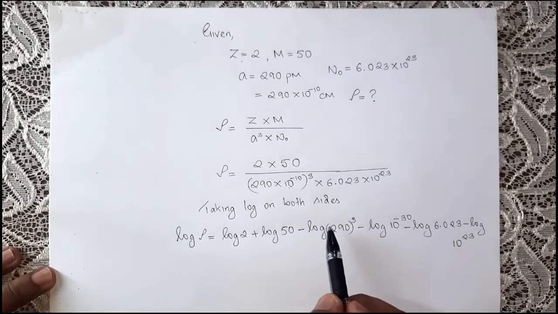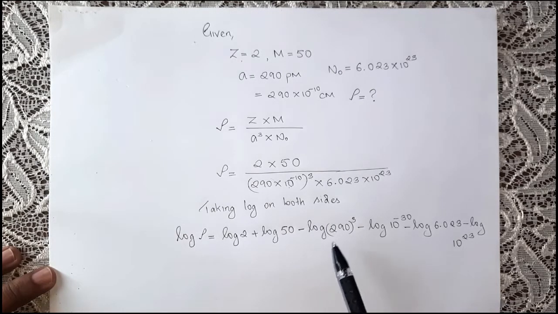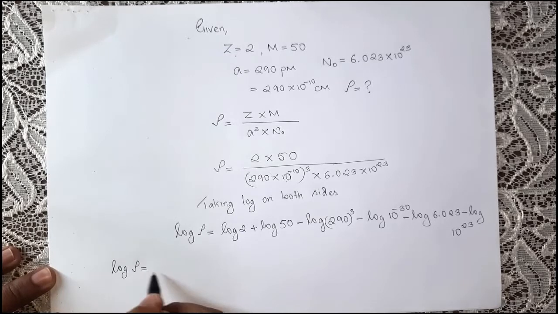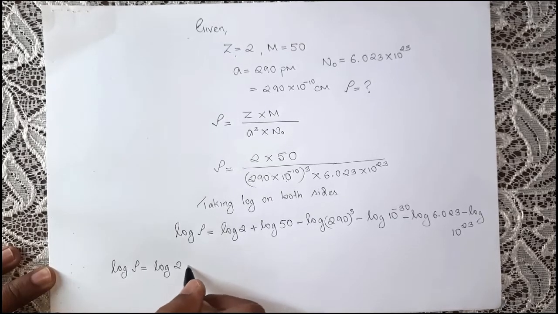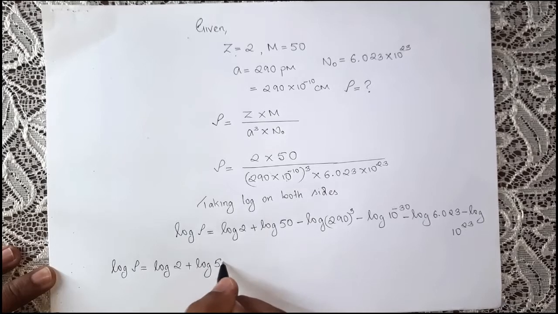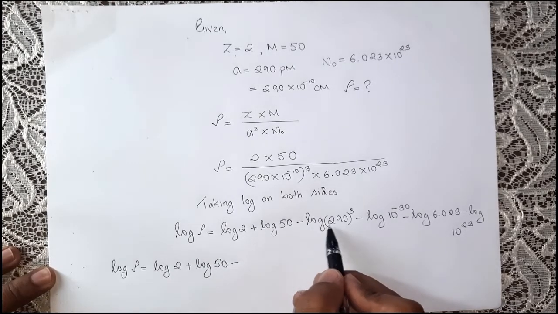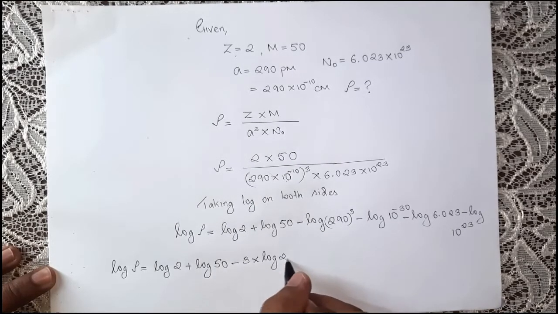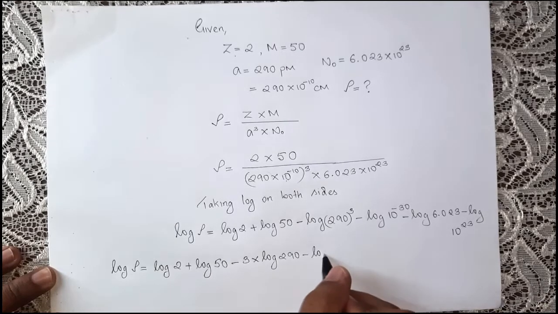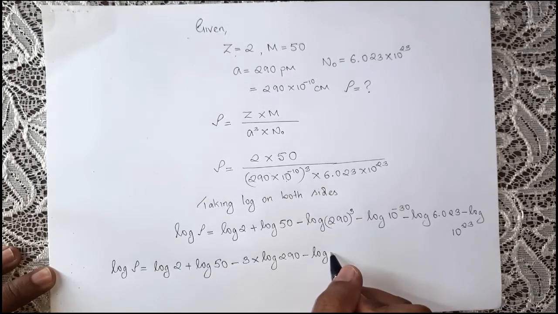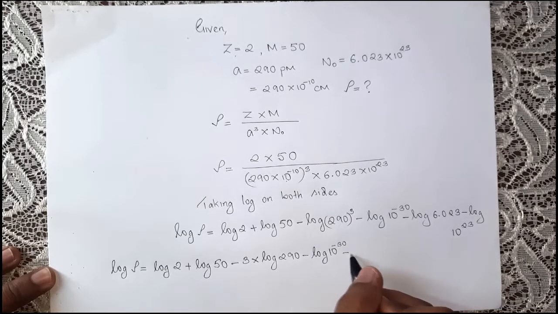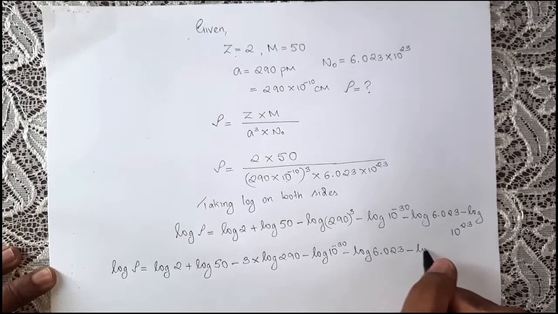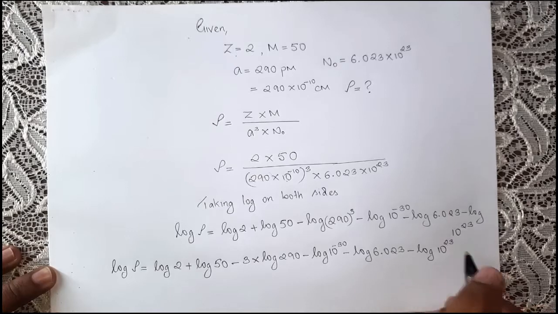Wherever you see multiplication sign, you either convert it to a positive sign or a negative sign. So you have log density is equal to log 2 plus log 50 minus, in this case, log 290 whole thing cube will be 3 into log 290, minus log 10 to the power minus 30, minus log 6.023, minus log 10 to the power 23.